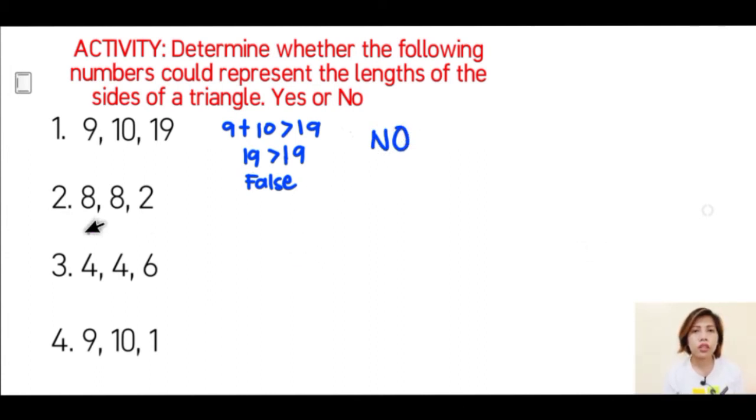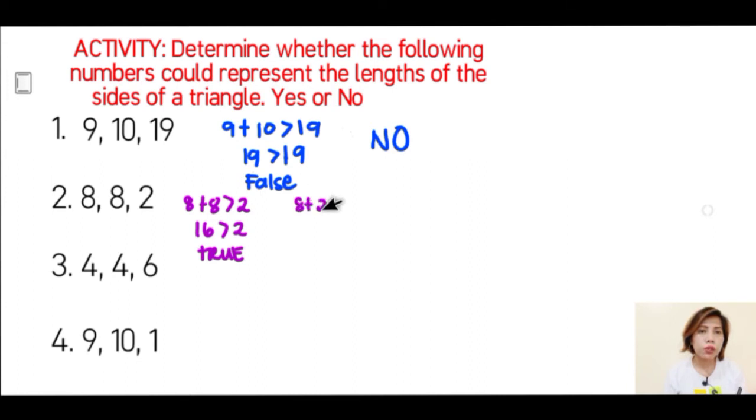Next, 8, 8, and 2. So, try muna natin yung 8 and 8. So, we have 8 plus 8 should be greater than 2. So, 8 plus 8 is 16, greater than 2, true. Next, 8 plus 2. 8 plus 2 is greater than 8. 8 plus 2 is 10, greater than 8.